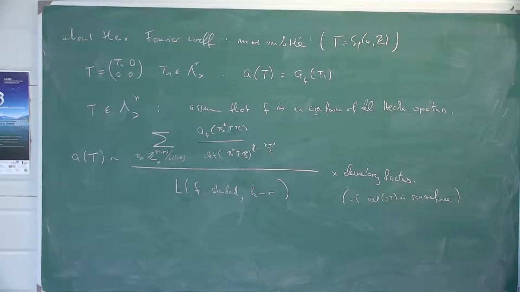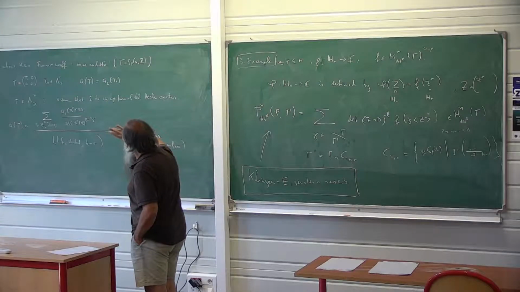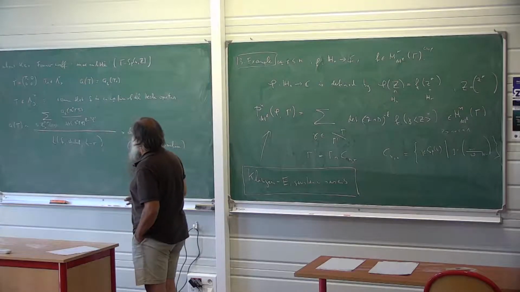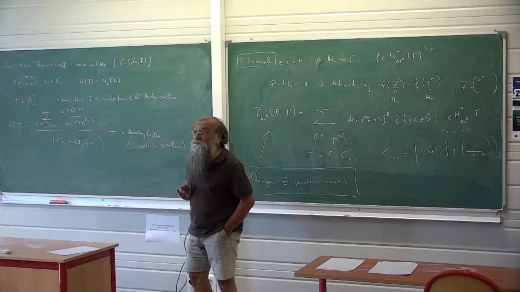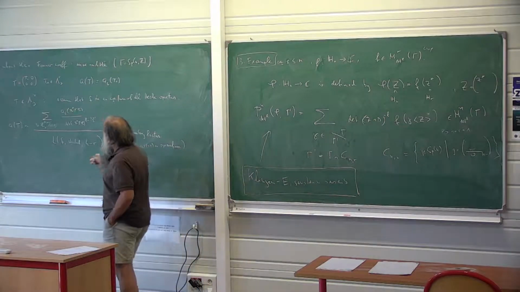Now, my PhD advisor didn't like this formula. As I said, it was just for degree 2. And I had to convince him that it is reasonable. Well, why is it reasonable?